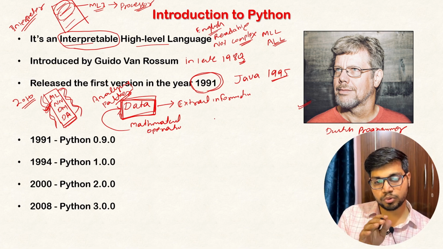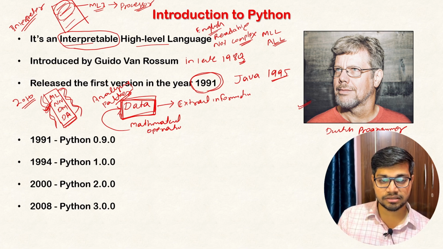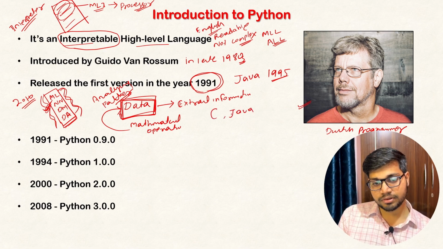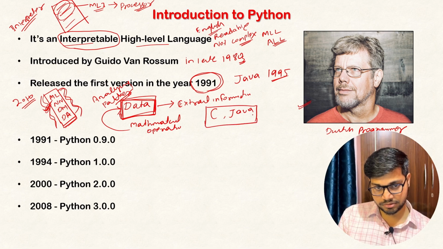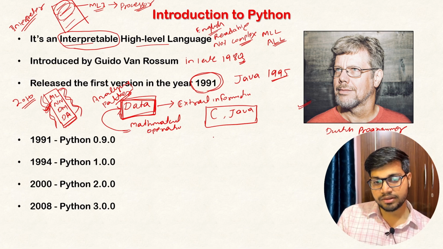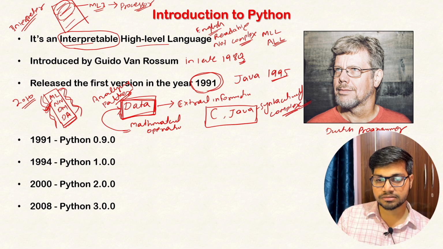So, due to this, they need a computer language. They, meaning the researchers and scientists, need a computer language. Initially they used C or Java to write various mathematical operations and various machine learning algorithms. Then they felt that C and Java are more complex, syntactically.